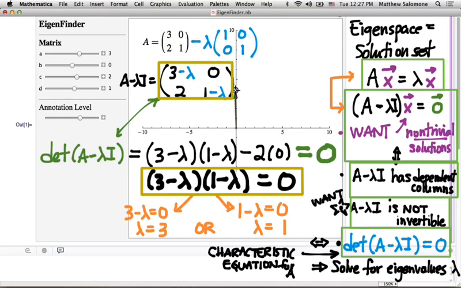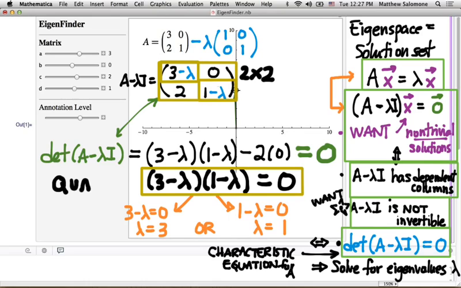Back up to this matrix. How could we have known that when I find the determinant of this matrix, I'm going to get a quadratic polynomial? Because we're multiplying down the diagonal, which is the only place that we have lambdas. And how many diagonal entries do we have? 2, because we have a 2 by 2 matrix.